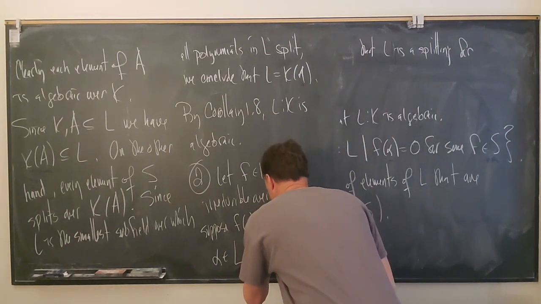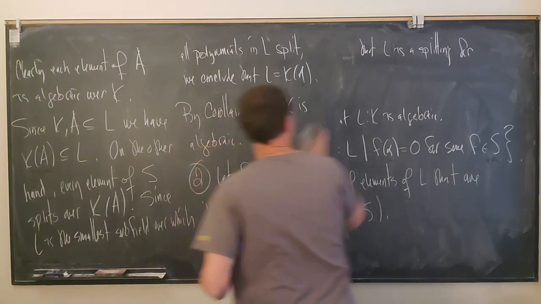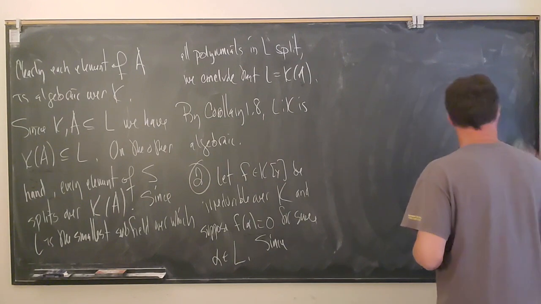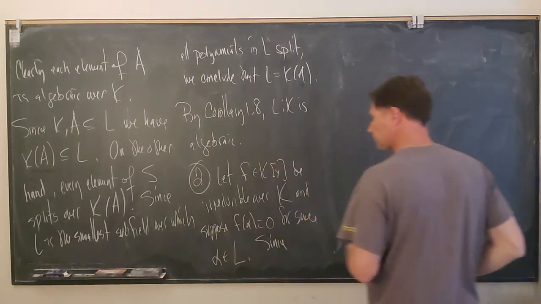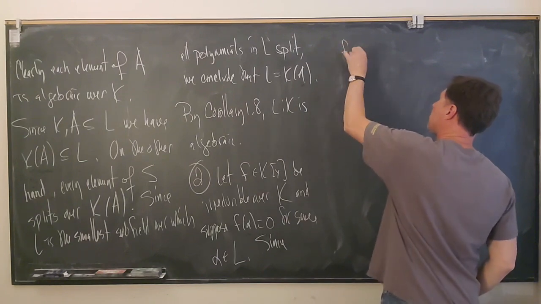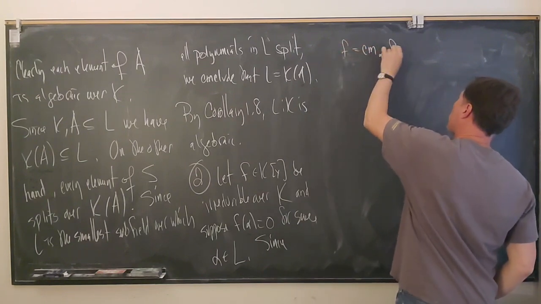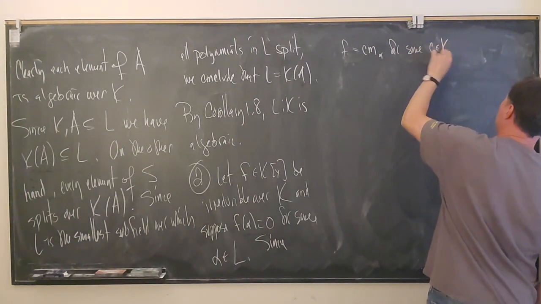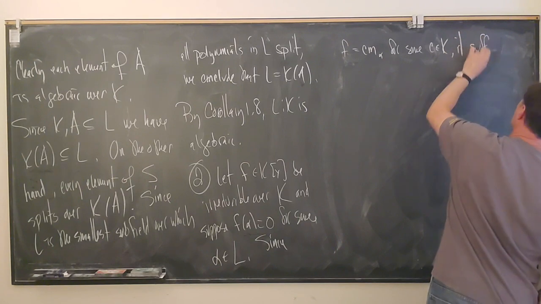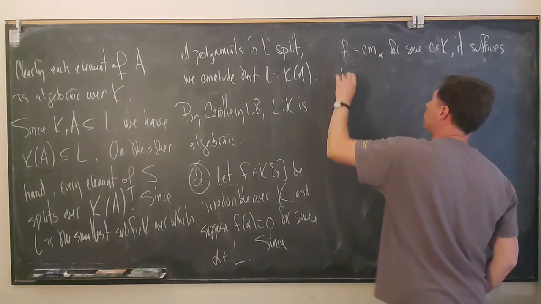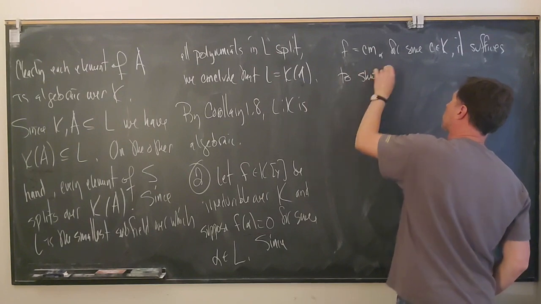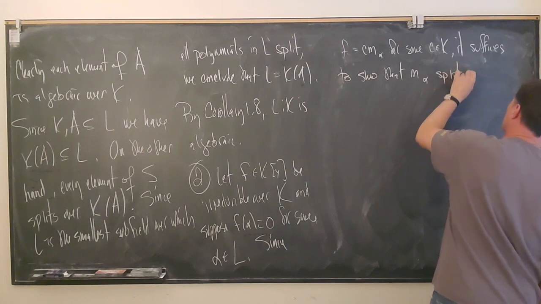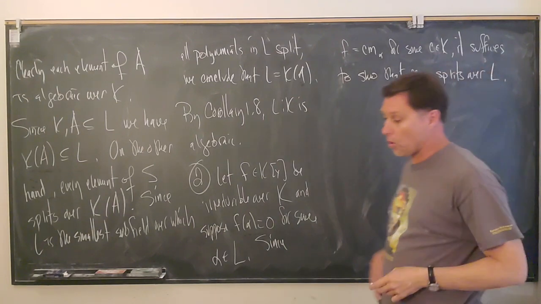So since f is equal to c times m sub alpha for some c in K, it suffices to show that m sub alpha splits over L. So that's our goal.